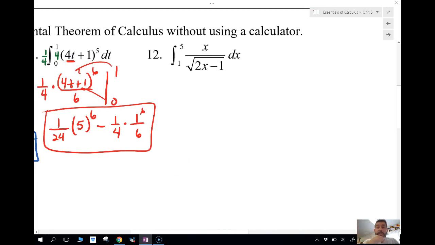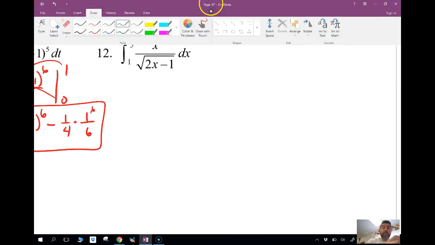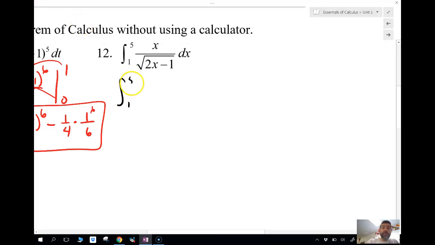All right, so my last one here, we're going to need to do some u substitution. So let me show you what happens when we do u substitution with definite integrals. So let me rewrite this. I'm going to rewrite this as the integral from 1 to 5 of x times (2x minus 1) to the negative 1/2.